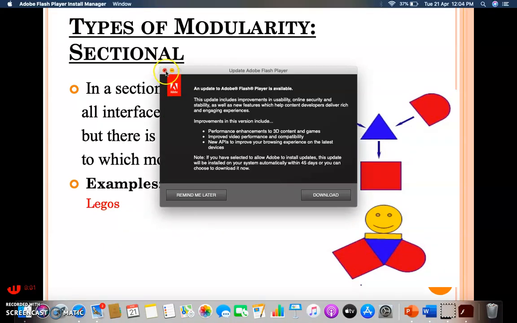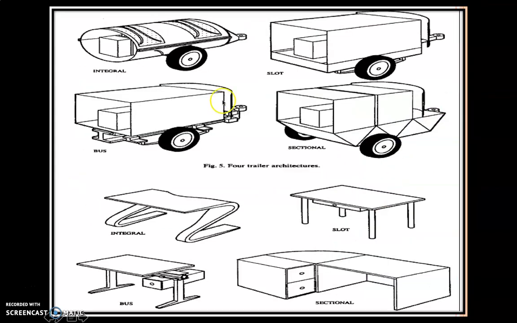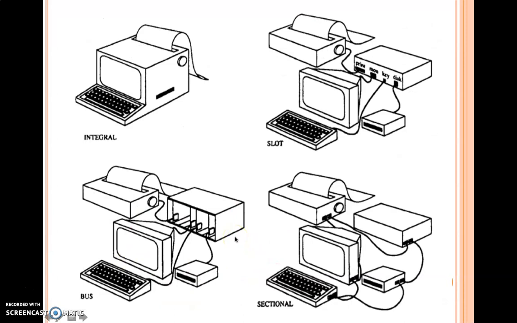Sectional modularity, as you can see here, is Legos, which come under this. There are different kinds of sectional modularities as you can see in the picture. And this is a whole combined type of modularities like integral, slot, bus and sectional. This example you have seen in your offices or homes in office furniture.